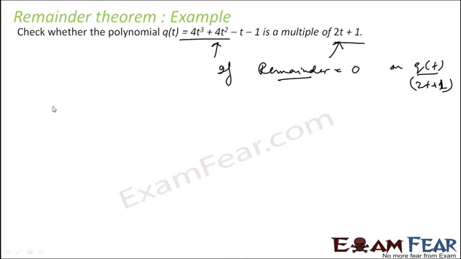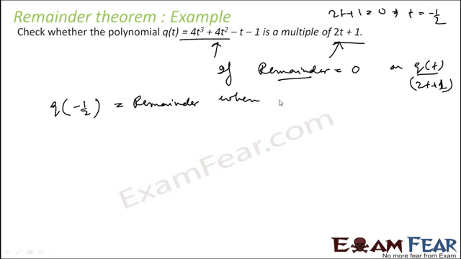As per the remainder theorem, 2t plus 1 equal to 0 gives t equal to minus 1 by 2. So q of minus 1 by 2 is nothing but the remainder when q of t is divided by 2t plus 1, correct, as per the remainder theorem.